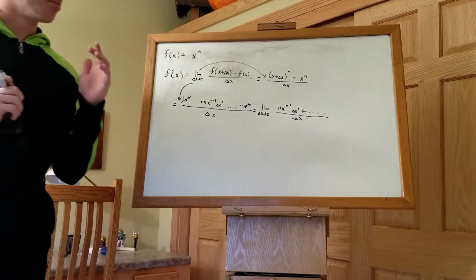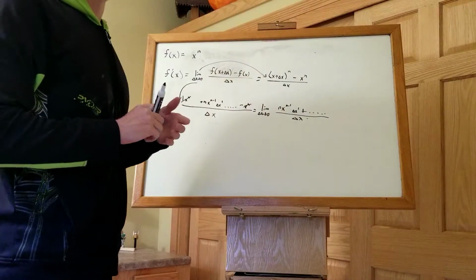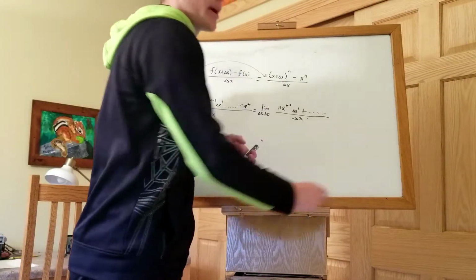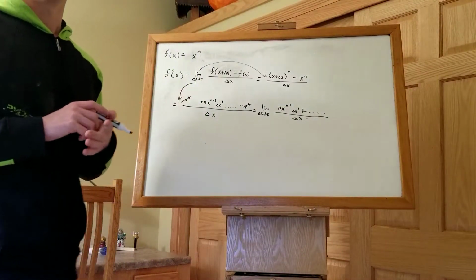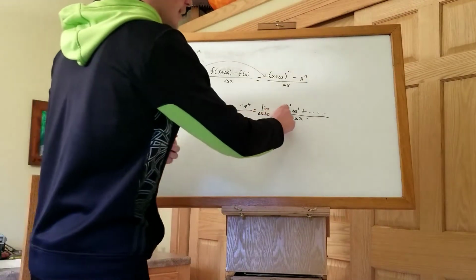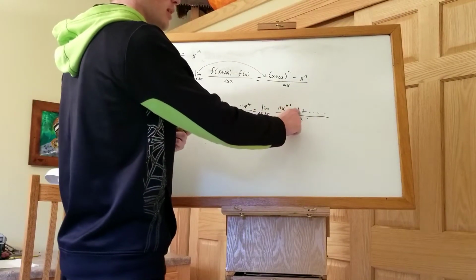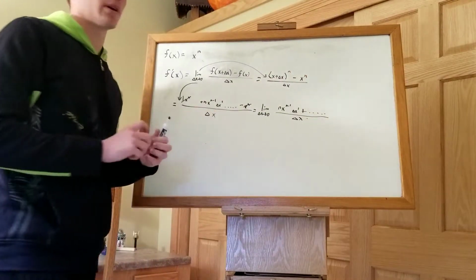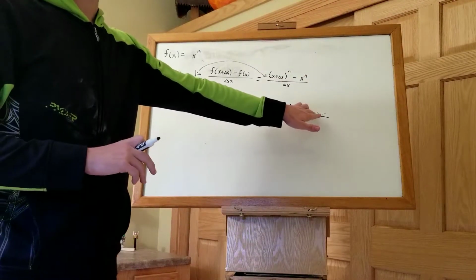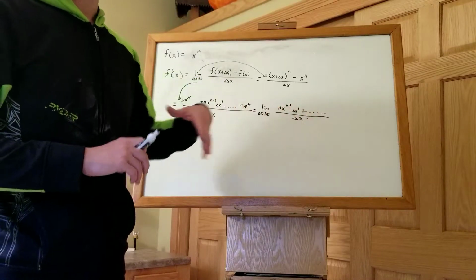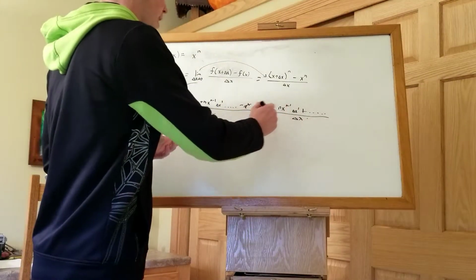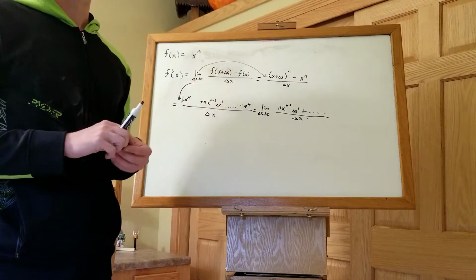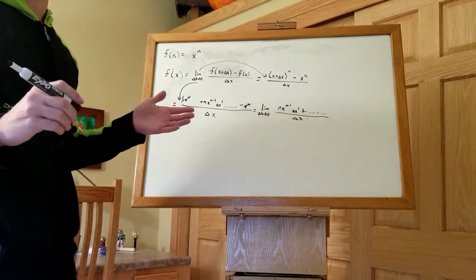And the really important thing to understand here is, as I showed before, each term as we go along in Pascal's triangle to figure out what the next term is going to be, this x exponent is going to decrease by 1, and this delta x exponent is going to increase by 1. So I don't know the coefficient of this next number, like what would go instead of n or instead of 1 right there. It's a really complicated number and I didn't really feel like solving it out.